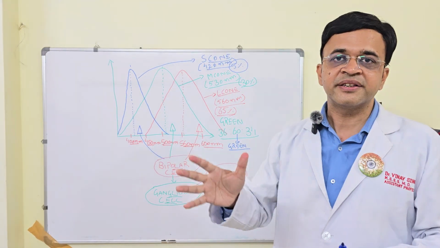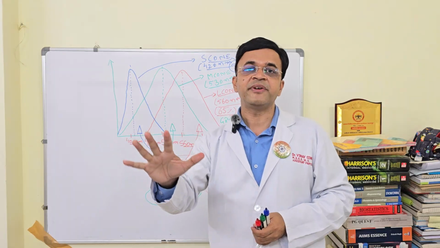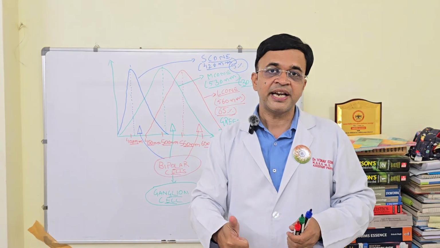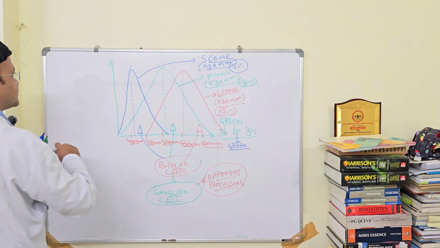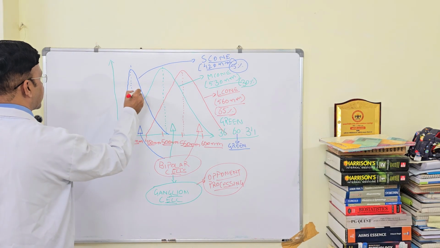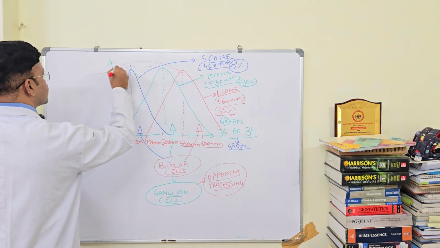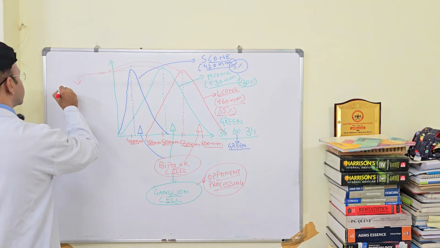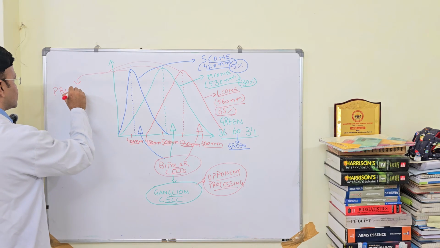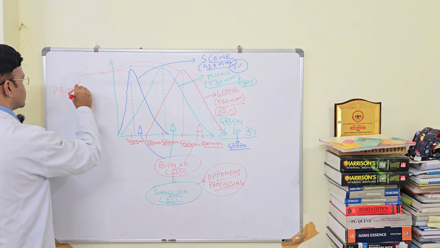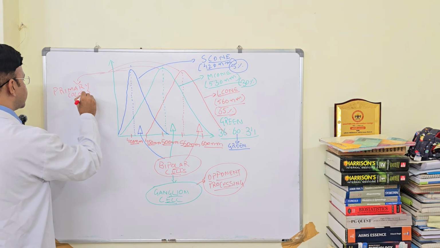Now, our trichromatic theory, these three cones, gives us the primary colors: red, green and blue. So this trichromatic theory gives us primary colors. And what are our primary colors?